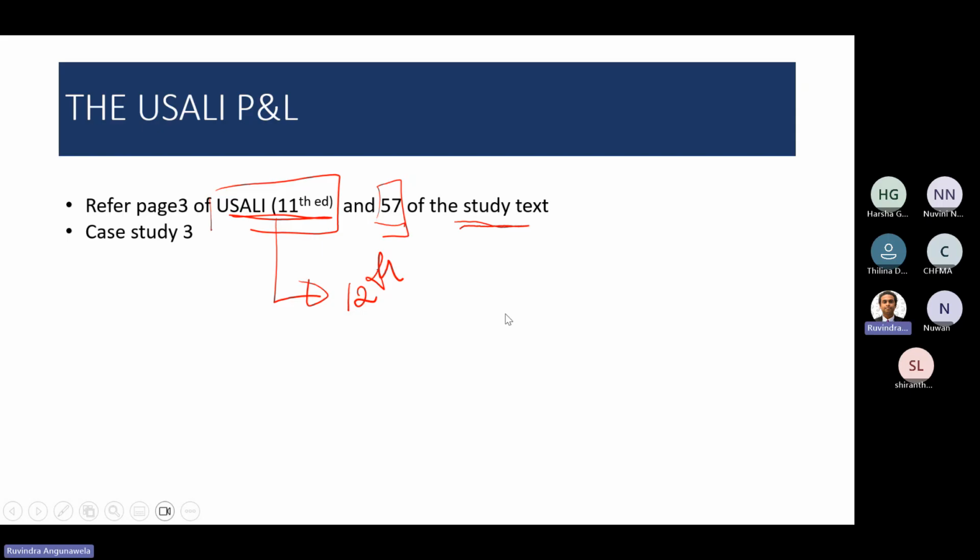Wait. I'm trying to share the screen, but the bloody thing is not sharing. Give me a minute. Okay, I will have to relog. I will log out and log in again.